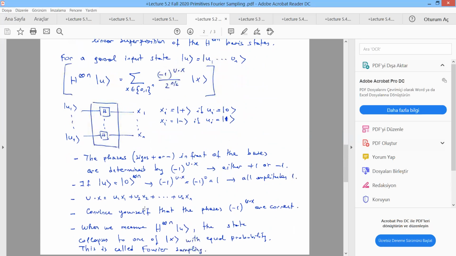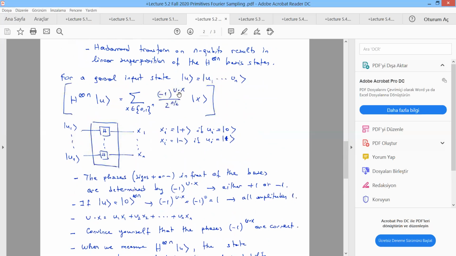Okay. So I'd like you to convince yourself that these phases that we introduced over here, minus 1 to the u dot x, actually correspond to the actual phases.